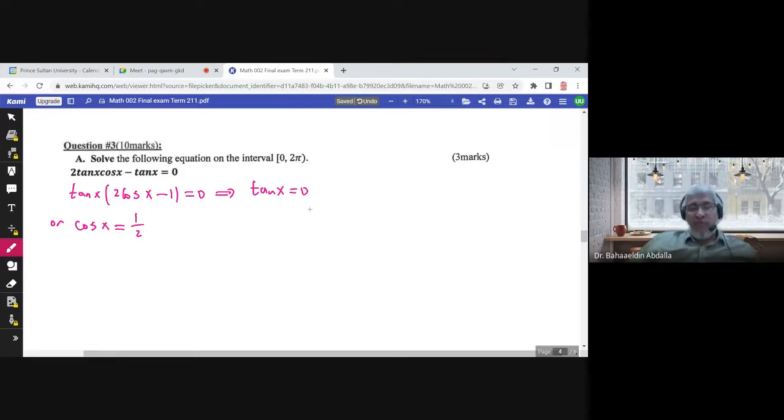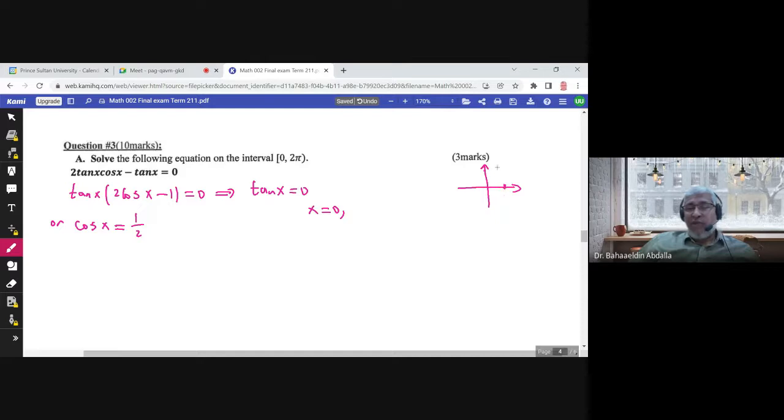And now let us solve these two equations. Tan x is 0. If you use the calculator, tan inverse 0 is 0. Okay, so this is the angle 0. So x here is 0. But there could be another solution.